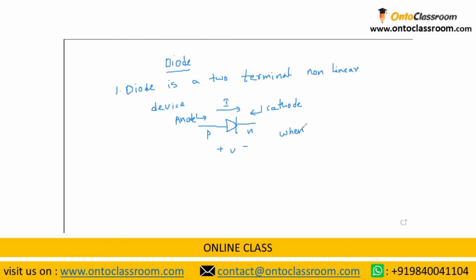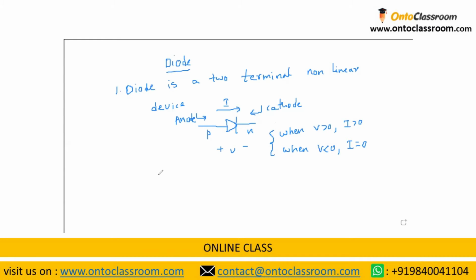When V is greater than 0, I will be greater than 0. Suppose you give an applied voltage less than 0, then the current through the diode is simply equal to 0. So basically, this is regarded as the diode working principle.